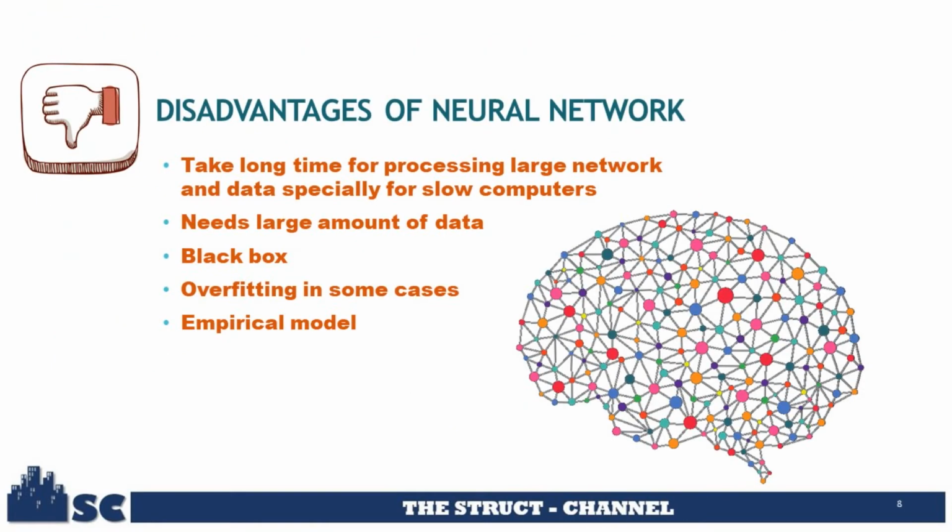There are also disadvantages of neural network model. So first, it takes a long time for processing for a very large network. Example, in data mining, if you have millions of data to process, it will take a long time to train the neural network.